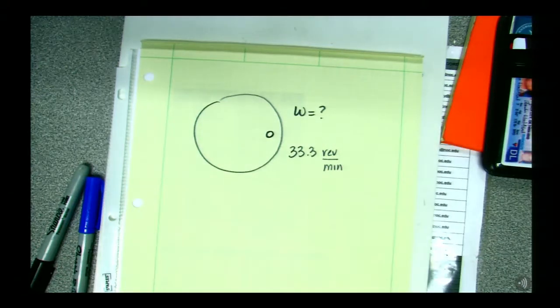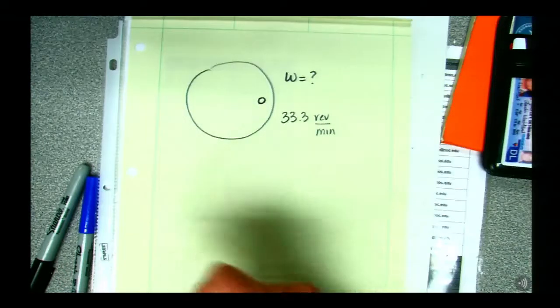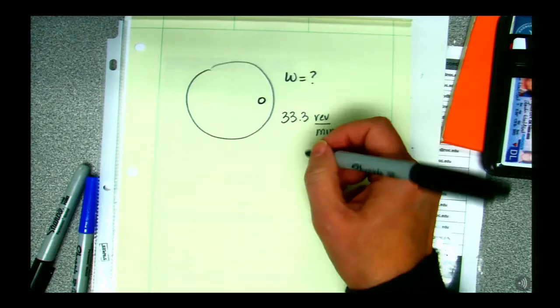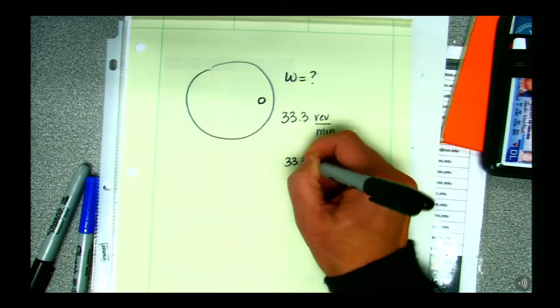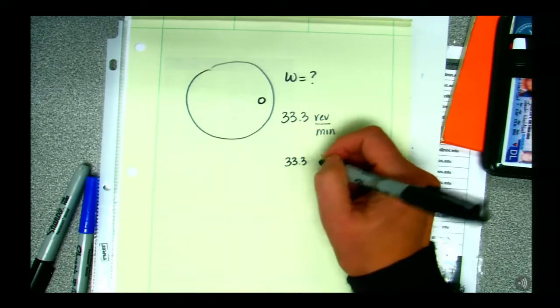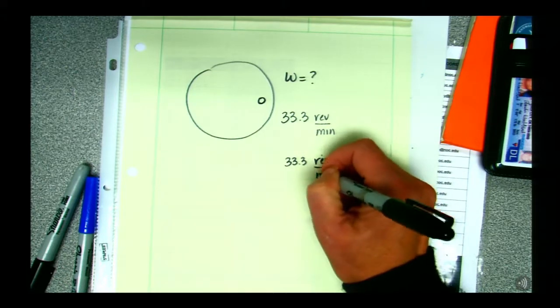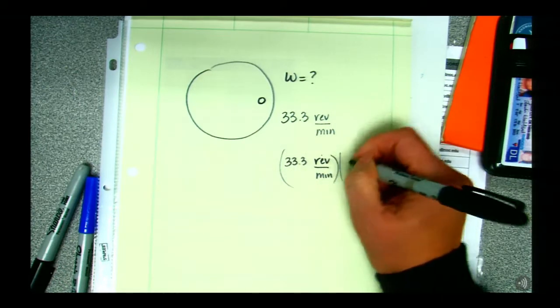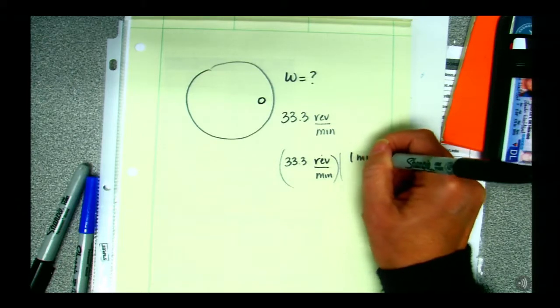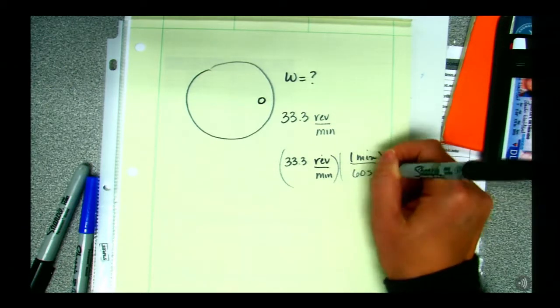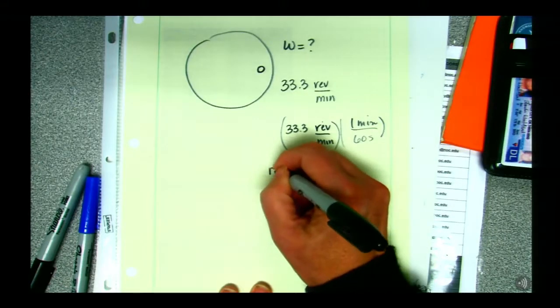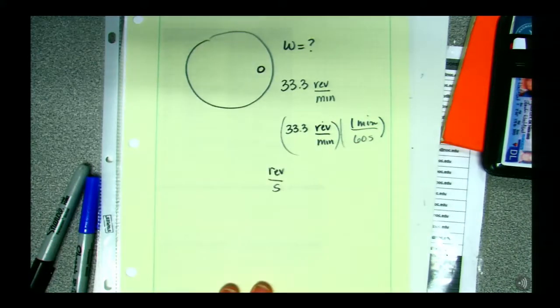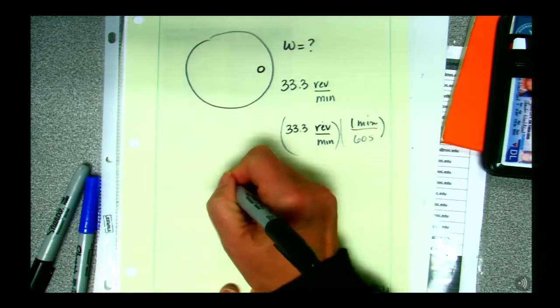If I want to find this in terms of seconds, I take 33.3 revolutions per minute, and 1 minute is 60 seconds, and I'm going to end up in revolutions per second. 33.3 divided by 60, I'm going to get 0.555 revolutions per second.